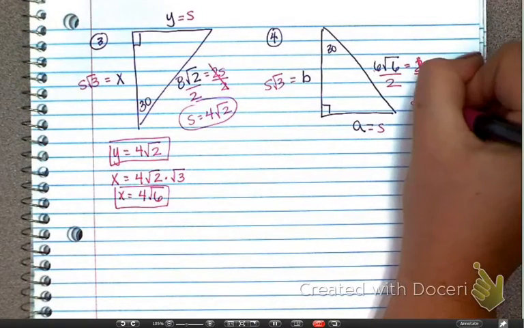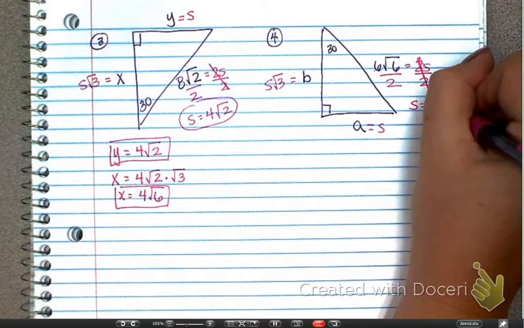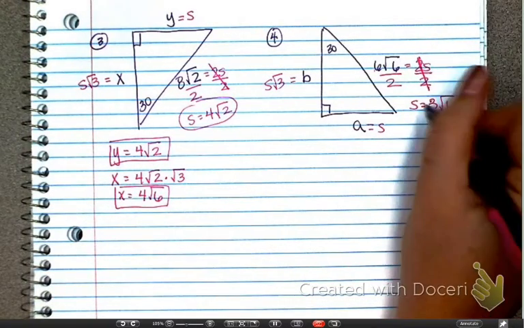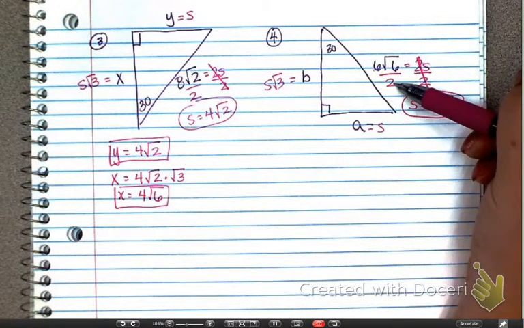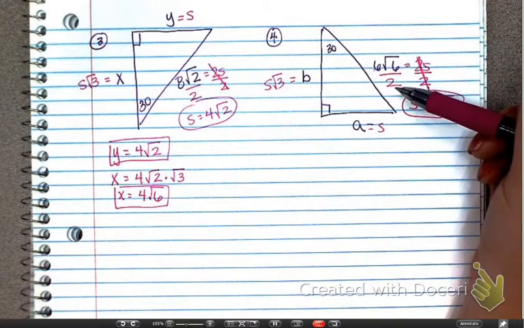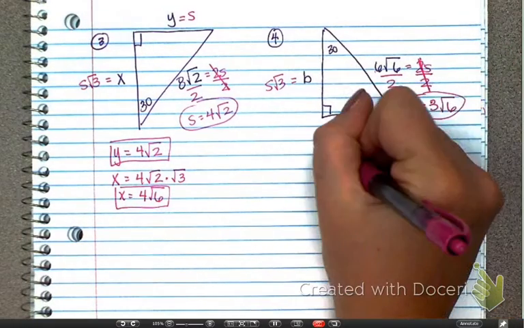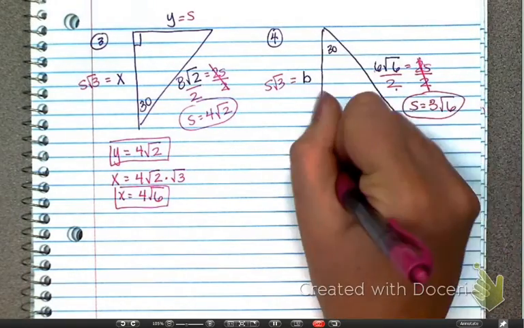So s is what? 3 radical 6. Okay, you can't simplify the 6 and the radical and the 2 because they're both not in the radicals. But I can simplify the 6 on the outside and the 2. So A equals 3 radical 6.